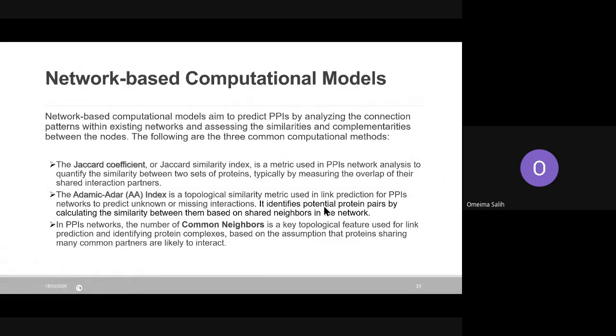It identifies potential protein pairs by calculating the similarity between them based on shared neighbors in the network. It extracts from the database and shows the network with a certain protein as input.